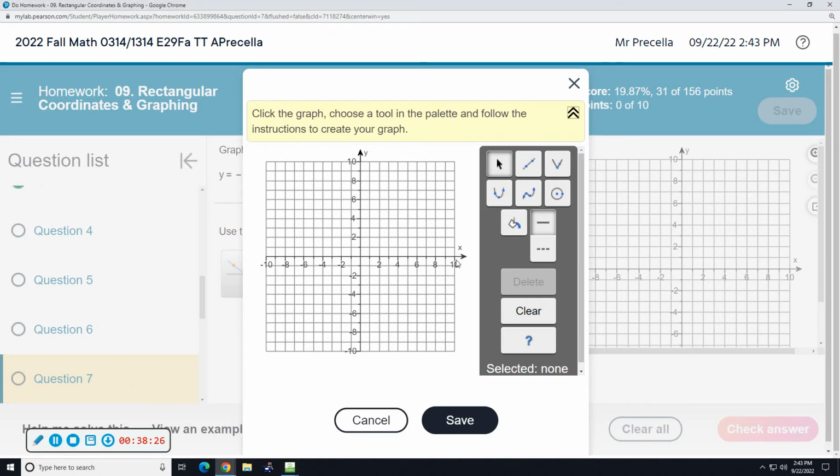But if we plug in a 10, we're going to get a y value of negative 200. Can we go down 200? No, we can't. How about 0, 1, and negative 1? That's my advice to you: make sure the numbers you're generating will fit on the graph. I'll write them in numerical order: negative 1, 0, and positive 1.